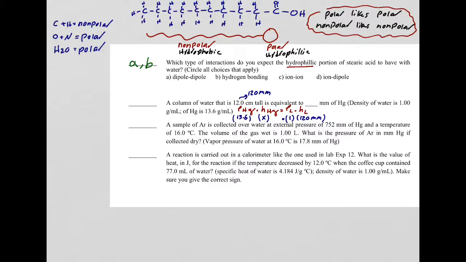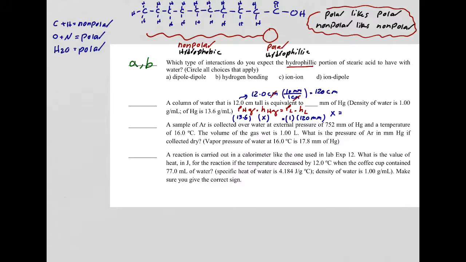Don't forget that, right? Actually, let me write it down completely because I want to make sure you remember our good old days. 12 centimeters, 1 centimeter is 10 millimeters. So the centimeter can cancel out and you end up with millimeters, which is 120 millimeters. Okay, so now I'm going to solve for X.